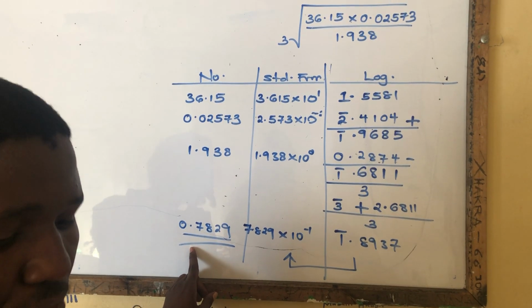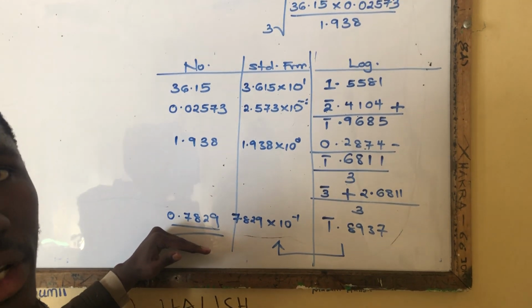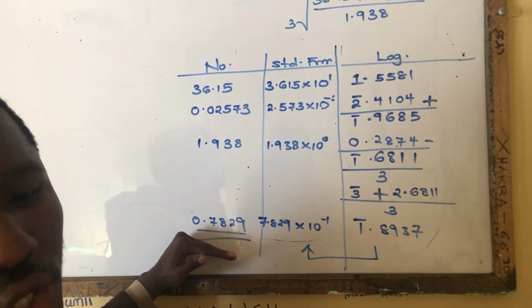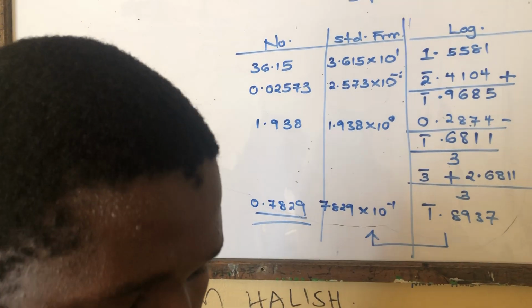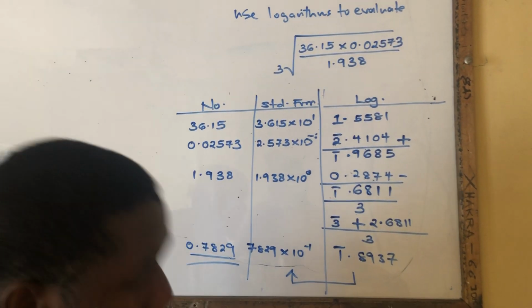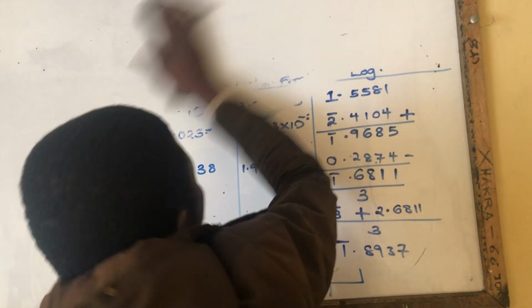I'm afraid we don't have that much time, but let's trust that this is what you'd get if you were to feed the figure directly into the calculator. That brings us to a second example.